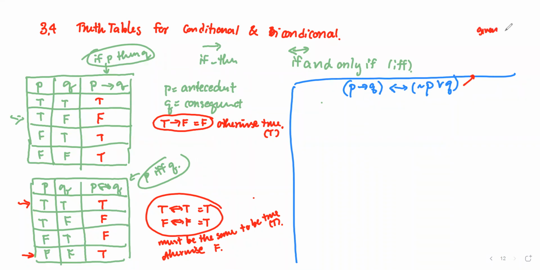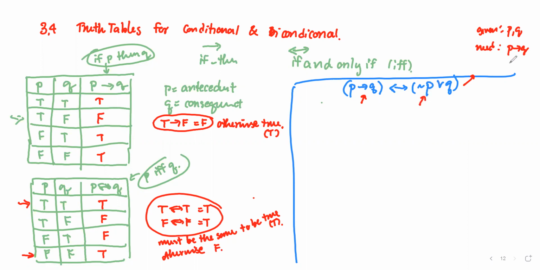The given gonna be P, Q that you start with the 4 combinations. You're gonna need one column for P then Q. That's on the left side of the two-head arrow.